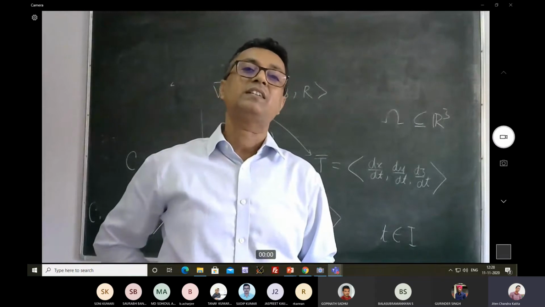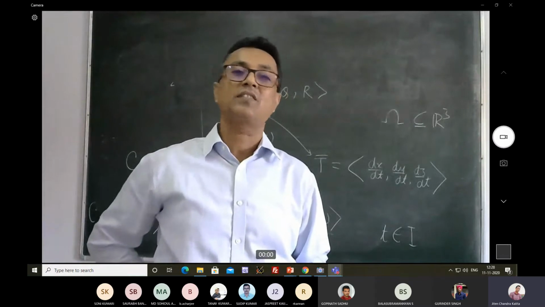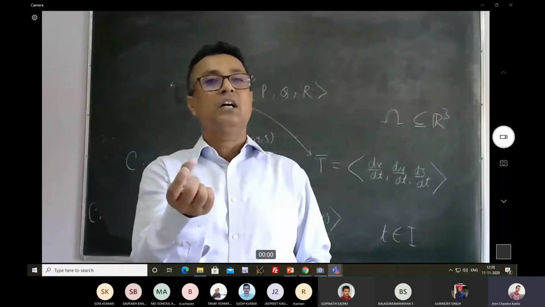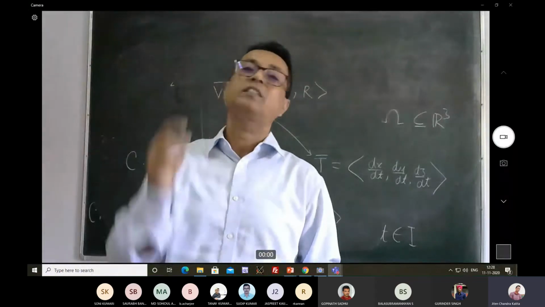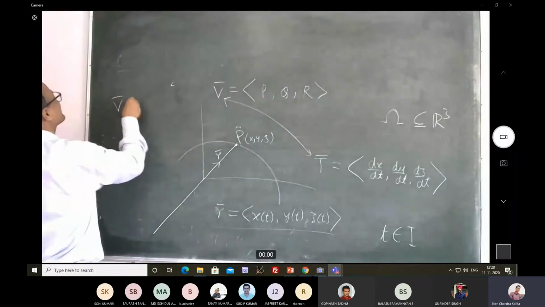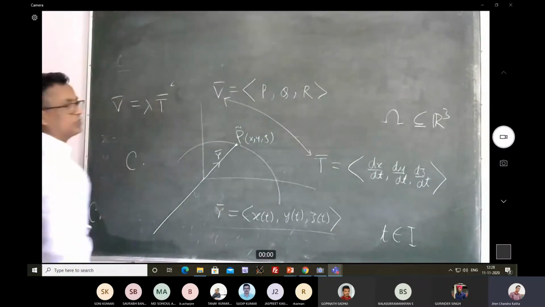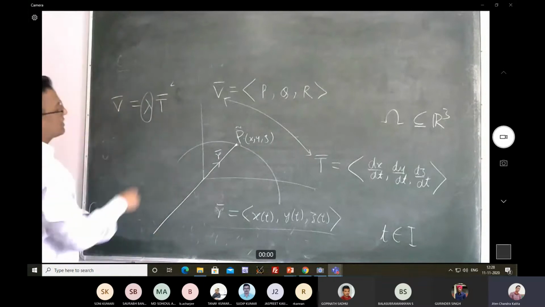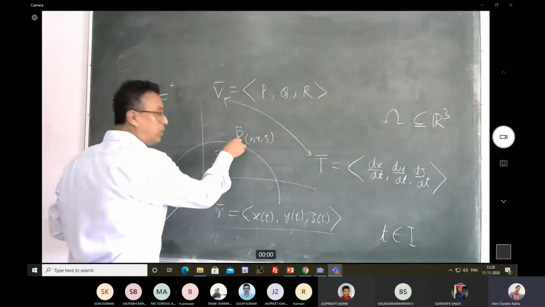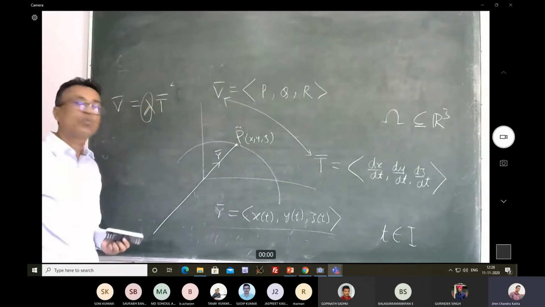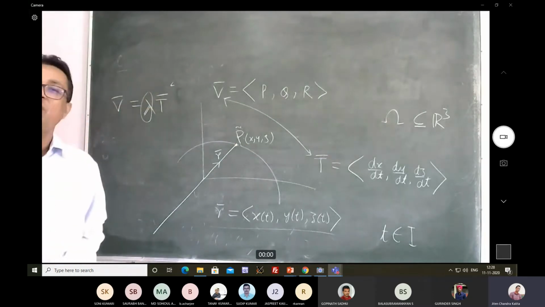And that scalar multiple, basically what I want to tell you is that this is going to be something like this, and this lambda depends upon the value of t. So this lambda is going to be a function of t. Are you getting my point?